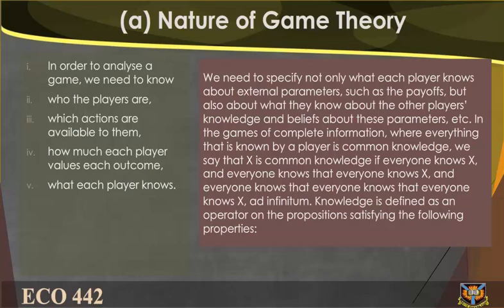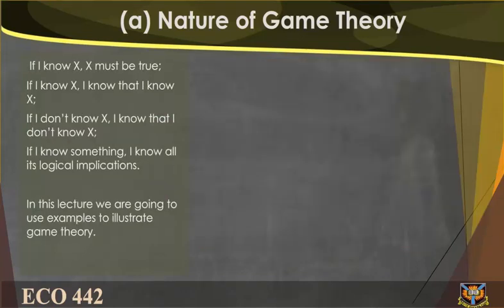Knowledge is defined as an operator on the propositions satisfying the following properties. If I know X, X must be true. If I know X, I know that I know X. If I don't know X, I know that I don't know X. If I know something, I know all its logical implications.